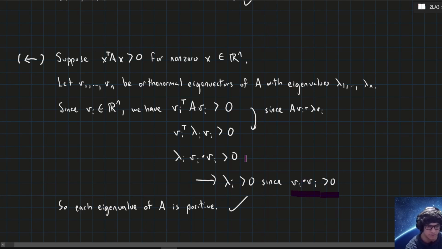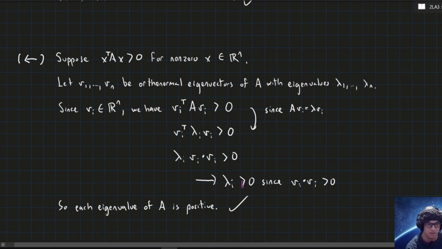So we have a positive number times lambda, and the result is positive. That forces lambda to be positive as well.